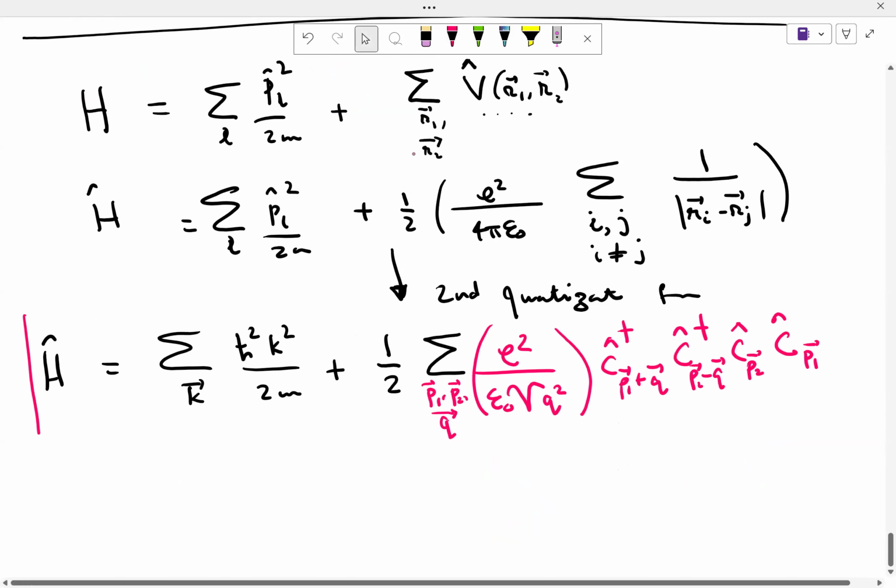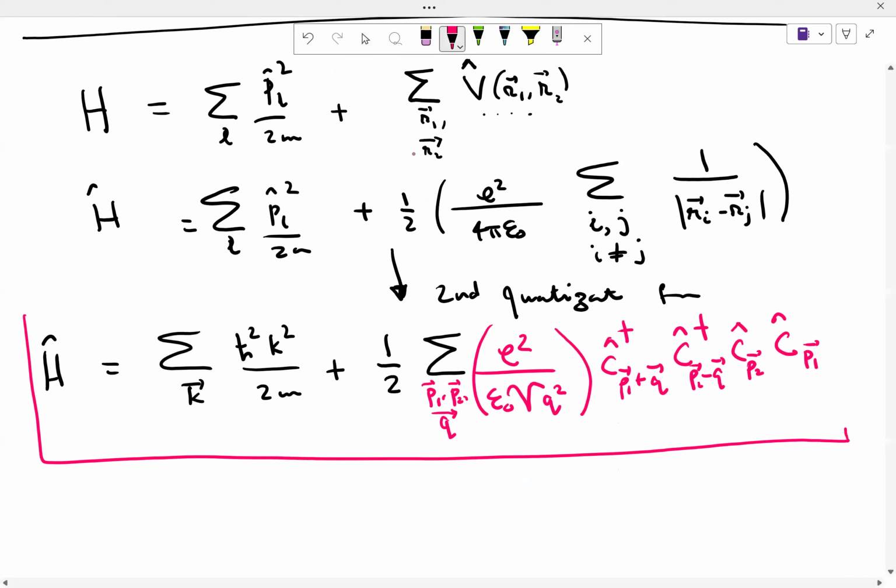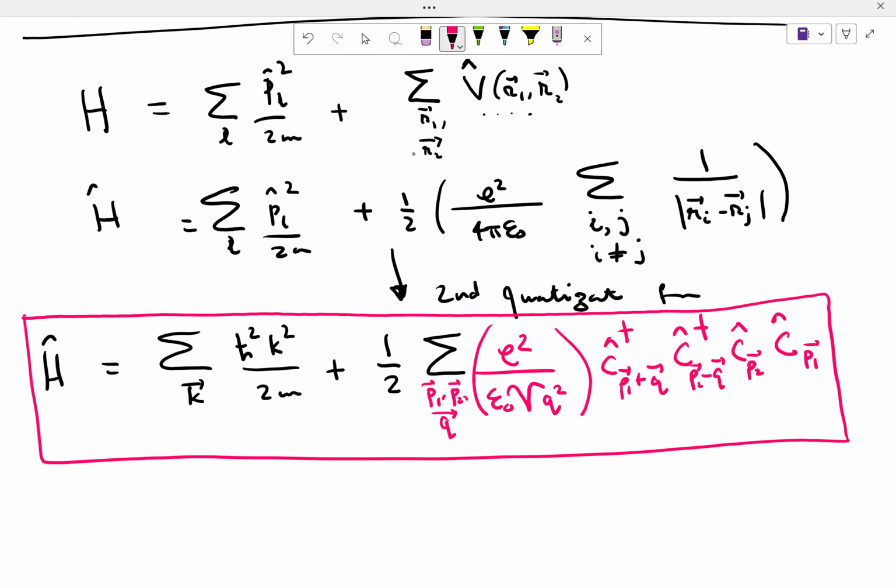So this is our Hamiltonian for a sea of interacting electrons. Any questions?